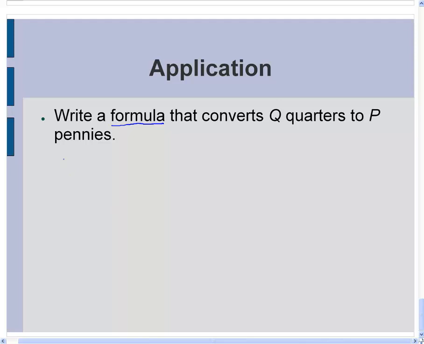So what I might start off with is, I don't want to use the variable there, sorry. Let's just write quarters and pennies. And so let's start with what we know. 1 quarter is equivalent to 25 pennies.